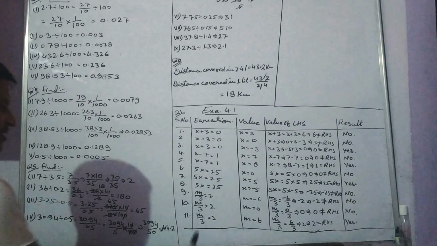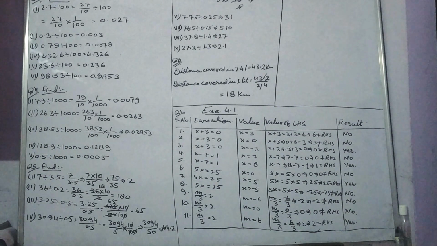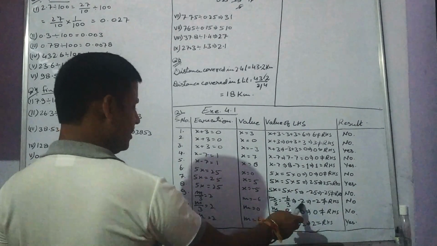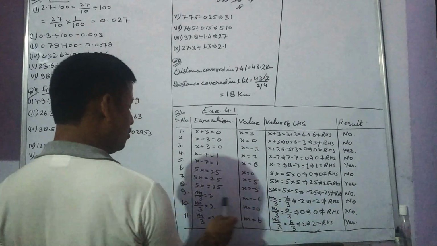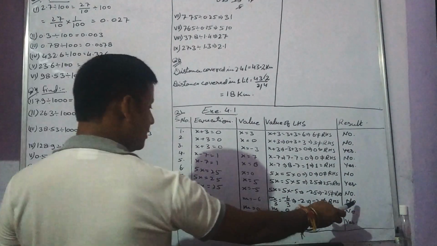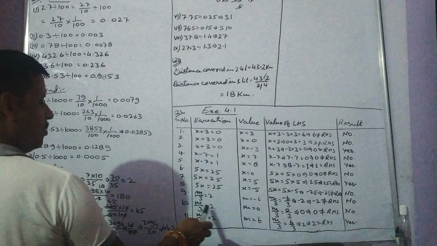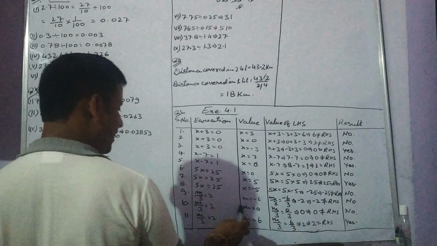m upon 3 is equal to 2 and the value of m is minus 6. So we will put the value of m, minus 6 upon 3. That is equal to minus 2, and minus 2 is not equal to 2. So that's why it is not the value. Next, the value of m is 0. Now we will put the value of m in the LHS of the equation.